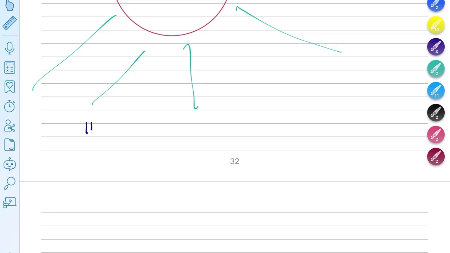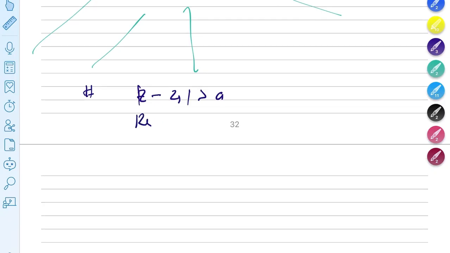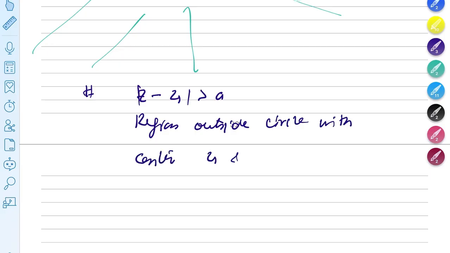So we can say that modulus of Z minus Z1 greater than A is the region outside the circle with center Z1 and radius A. Obviously A should be real.